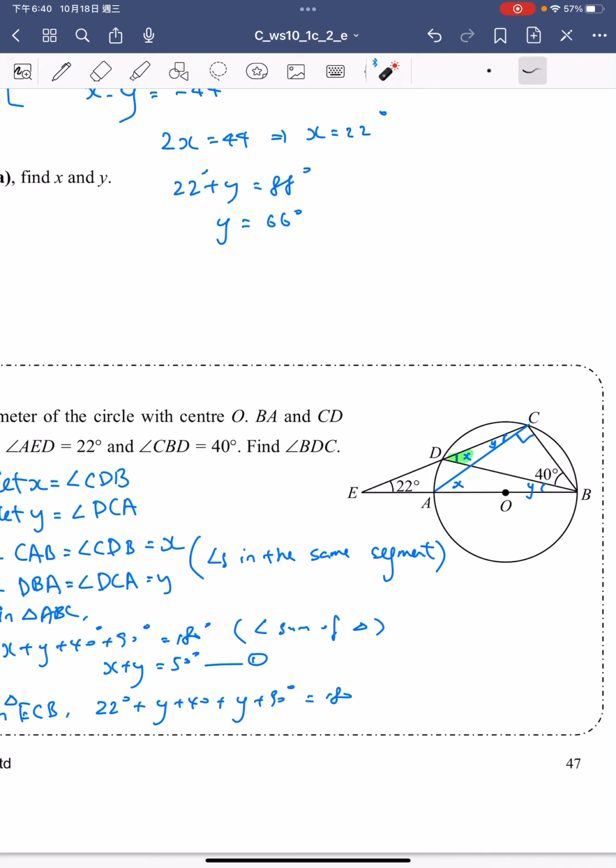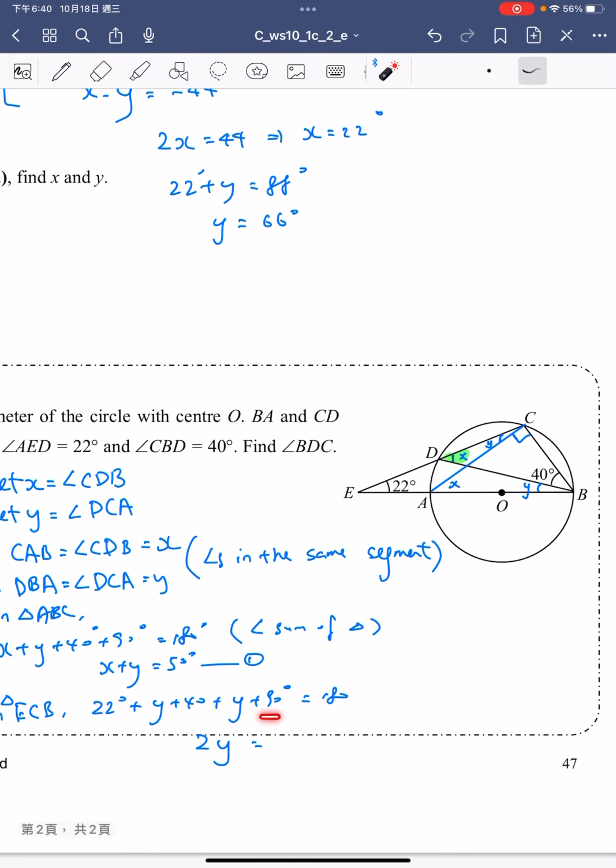So we try again. So E is 22, we have y, we have 40, we have 90, we have y. So adding all of them up, we have the 180. So we solve it, we have 2y is equal to 180 minus 90 minus 40 minus 22. This one will give you 28 degrees. So that the y is equal to 14 degrees.